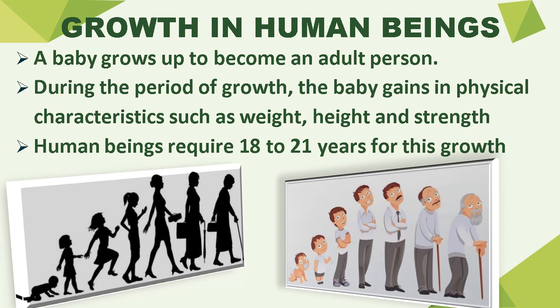Human beings require 18 to 21 years for this growth. You can see here on the screen how a baby grows up to become an adult person. But this is an irreversible permanent increase in size of an organ or its parts or even of an individual cell.